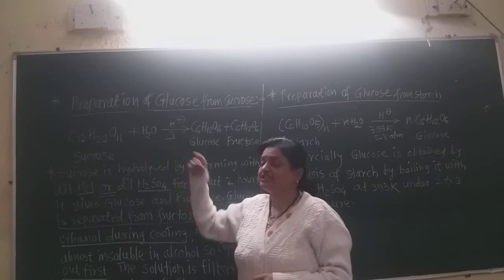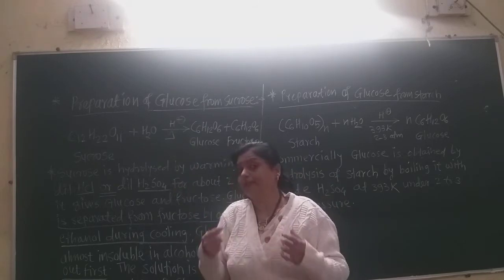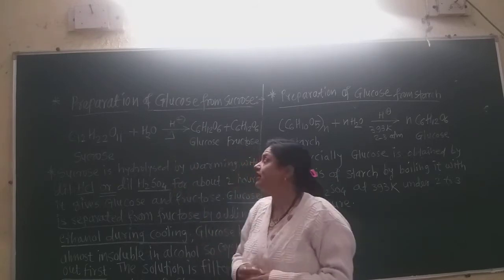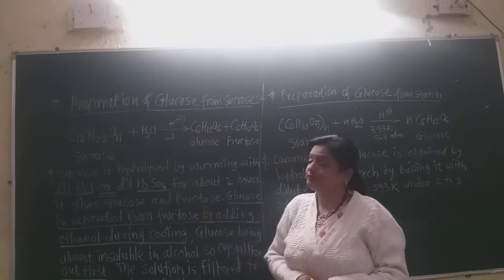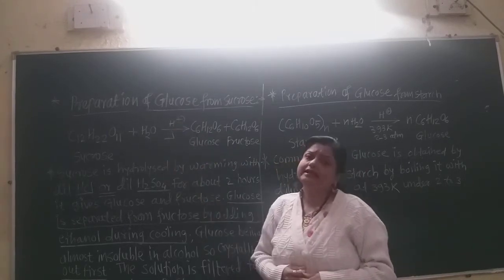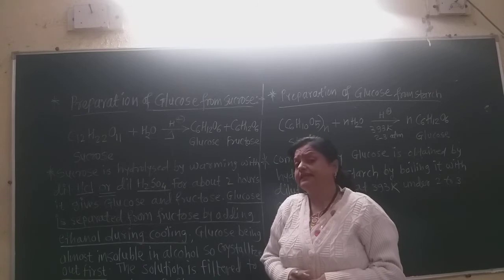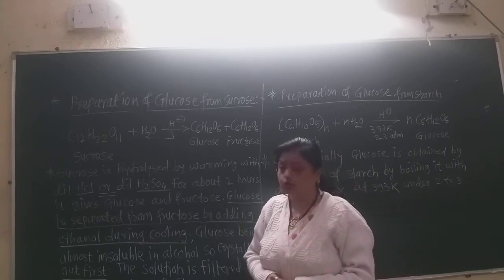In a large excess of water, the hydrolysis in the presence of acid may be carried out, so here it is written as the H plus ion. A slight warming is required for the hydrolysis of this sucrose.